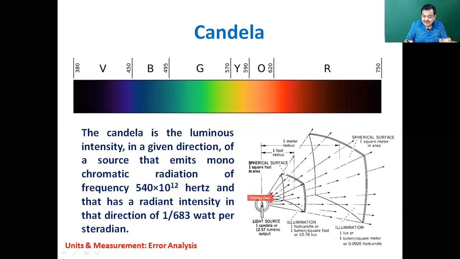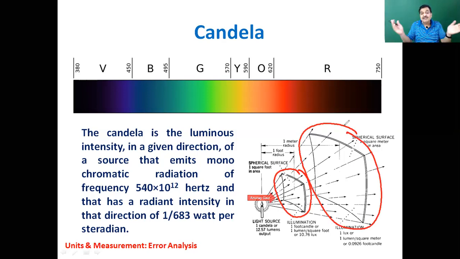So the number of sticks or the number of rays, they are more close when you're near to the light source, and they get separated from each other when the distance increases. So you see the number of light rays which are falling in this area is the same which is falling in this much large area.